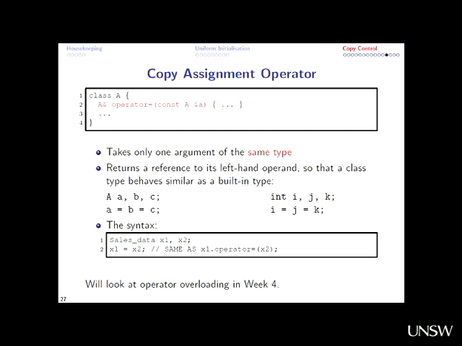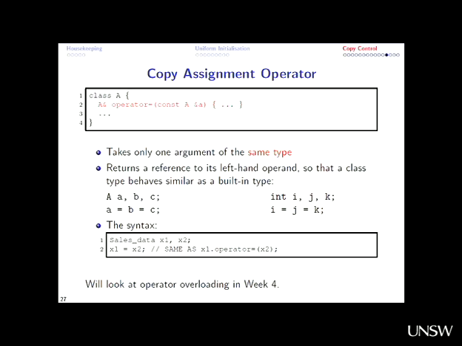So we have a thing called the copy assignment operator. And this is not a constructor. It's a member function. It takes only one argument, and like the copy constructor, it's of the same type.